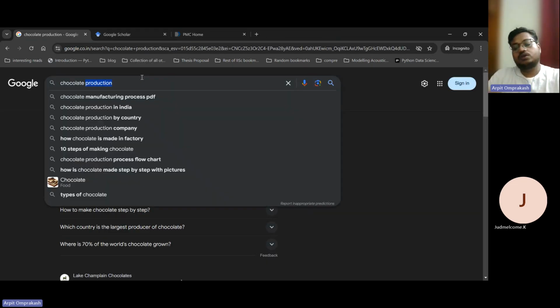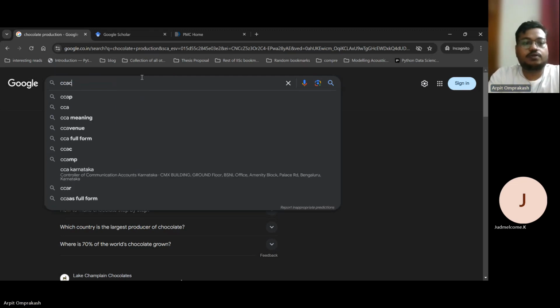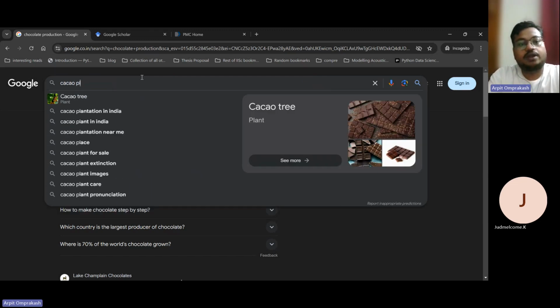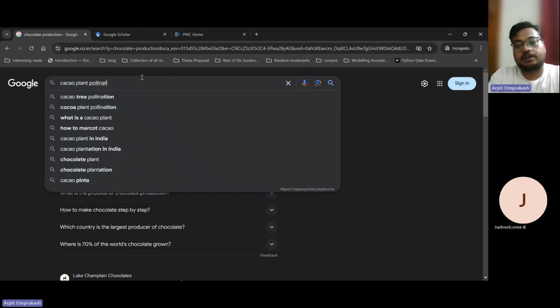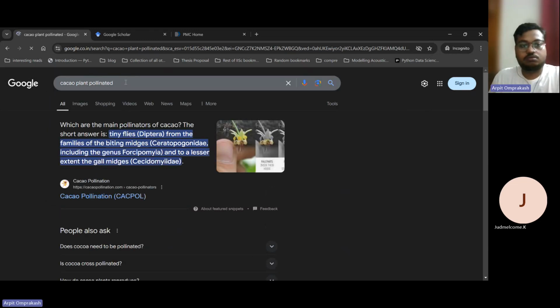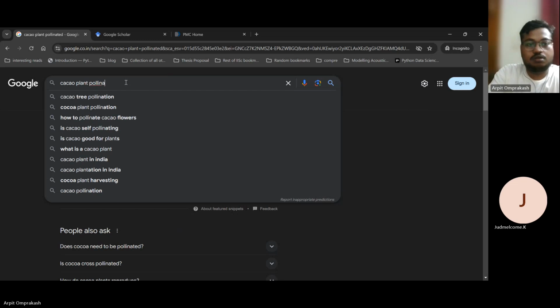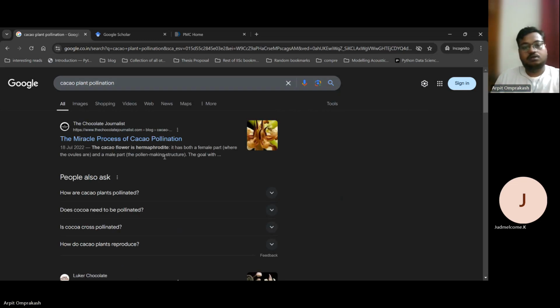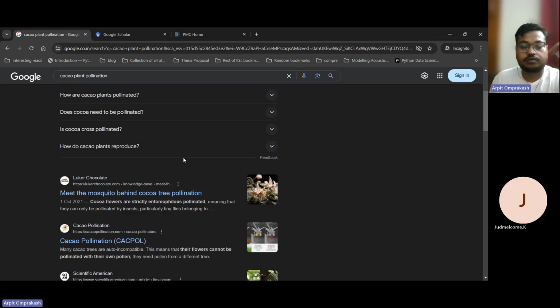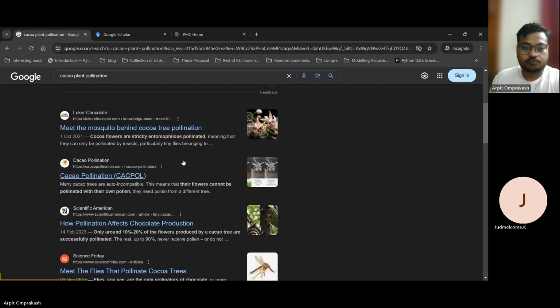Now we want to, let's say, talk about the cacao plant. How is it pollinated? So, sorry, pollination. So here we see that there are different websites.